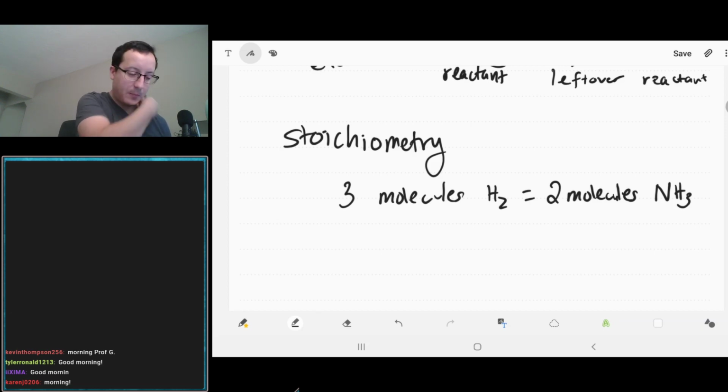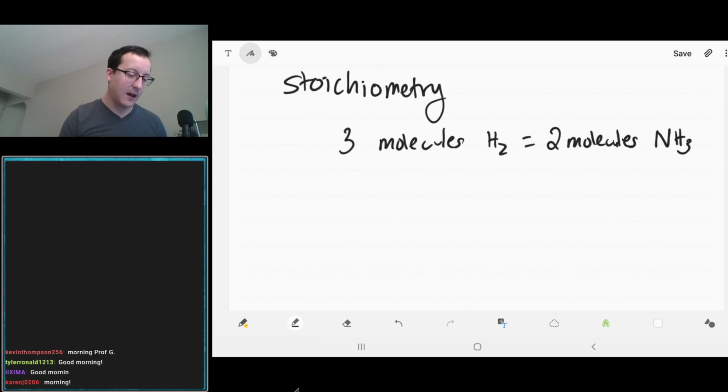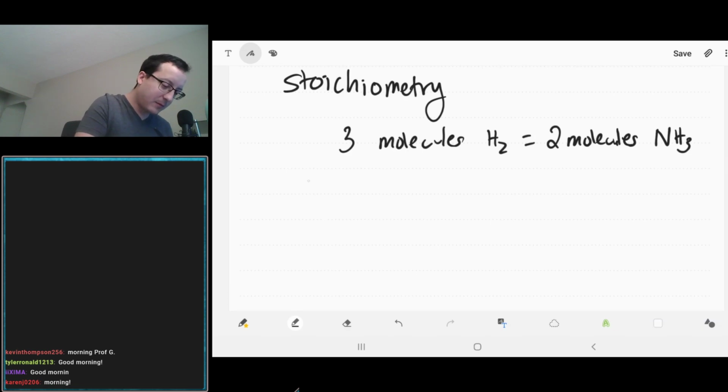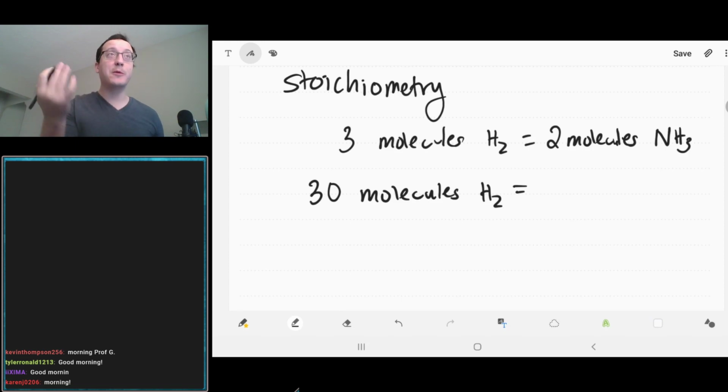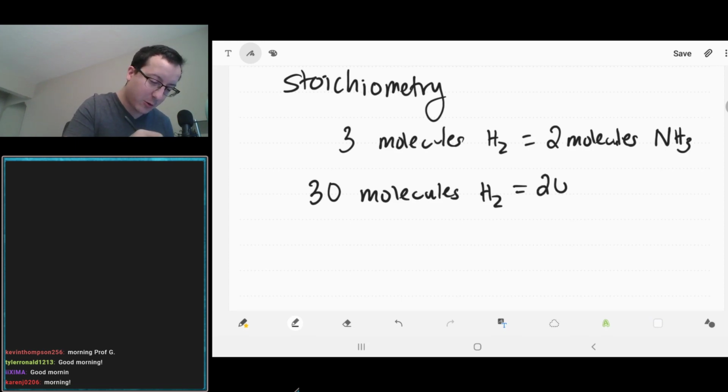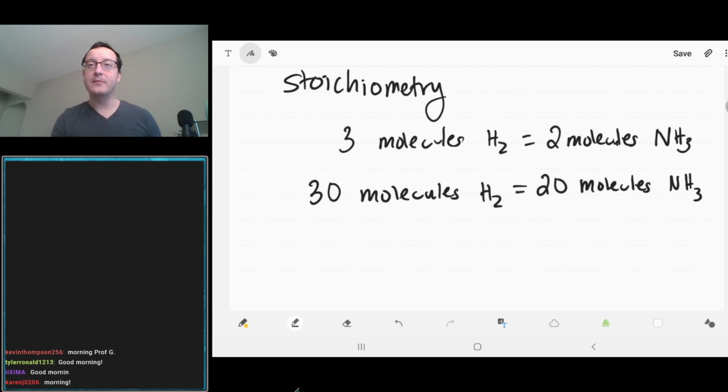So this tells us that if we had 30 molecules of hydrogen, oh my gosh, molecules is such a hard word, that would give us 20 molecules of ammonia, right? It's the same ratio. That's the idea here again.